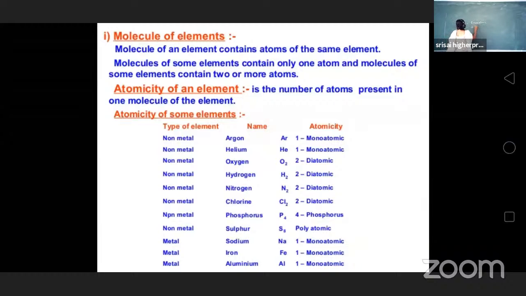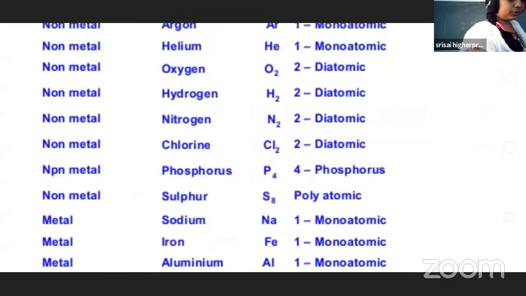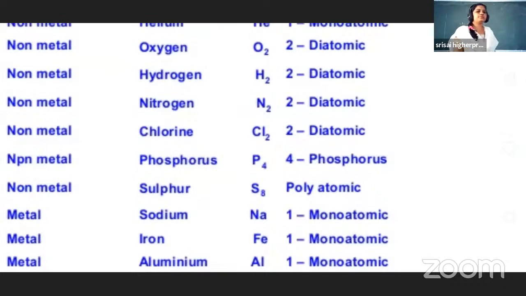Then where more atoms are present, P4 is there. P4 means phosphorus, four atoms. If eight atoms are there, as in sulfur, S8, we call it polyatomic.